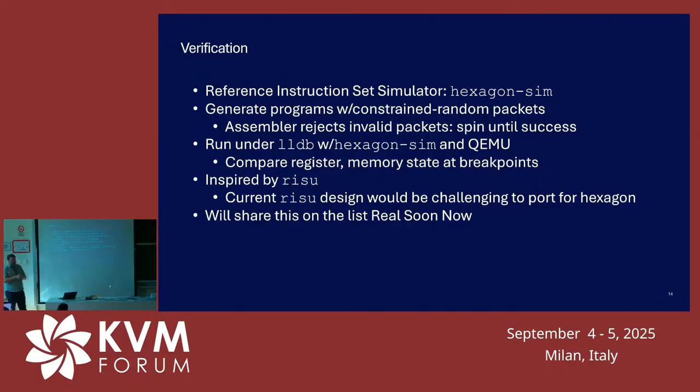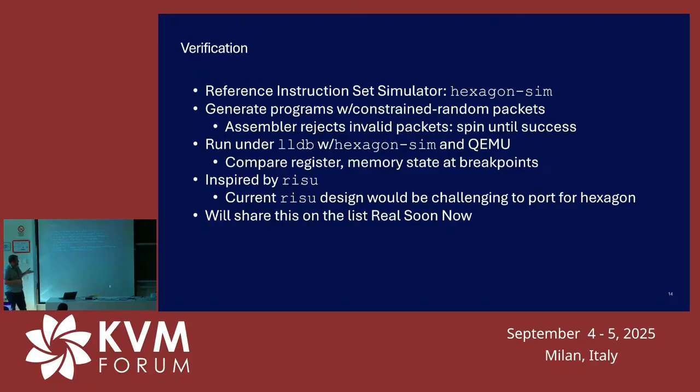We have implemented something that's similar conceptually. Instead of hardware, we take the reference simulator called Hexagon Sim. We generate lexical instructions for the assembler, maybe blindly or semi-blindly, according to the resource rules, and let the assembler just discard programs that aren't valid programs.